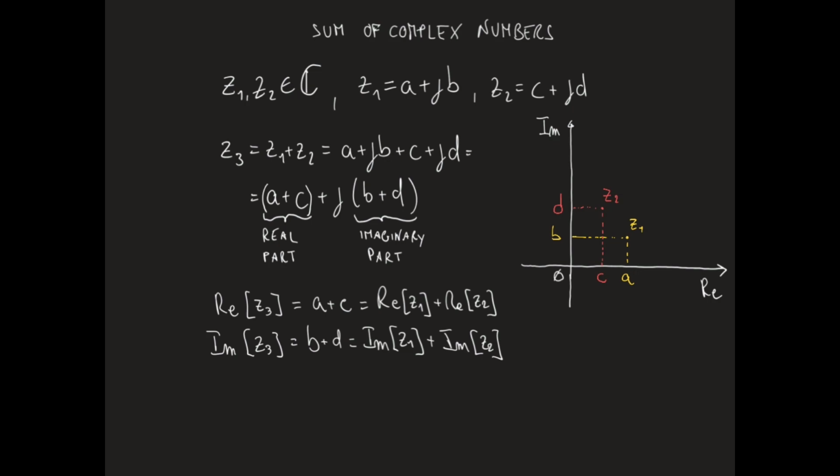The complex number sum of z1 and z2 has coordinates a plus c on the real axis and b plus d on the imaginary axis, which will identify the point z3.